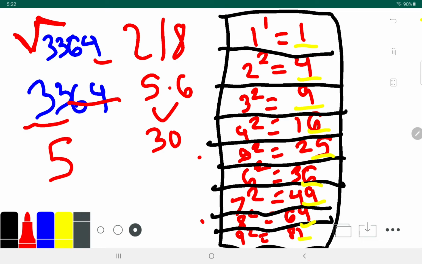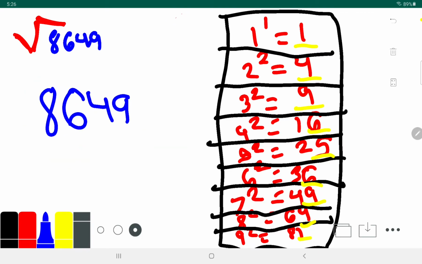Is 30 greater than or less than 33? 30 is less than 33. So we are going to choose the greater number, which is 8. So our final answer, our square root, is 58. Alright, so we're going to do one more example, and then I'll give you one to practice.